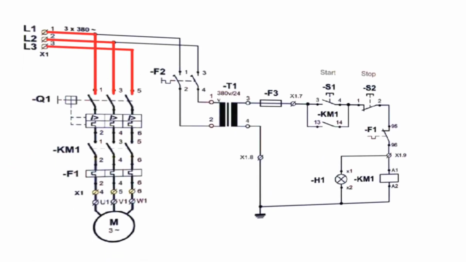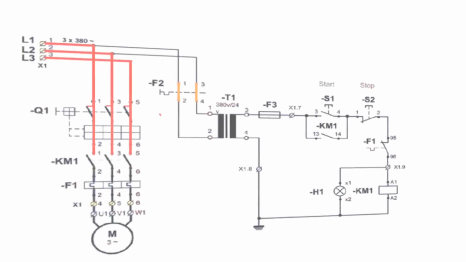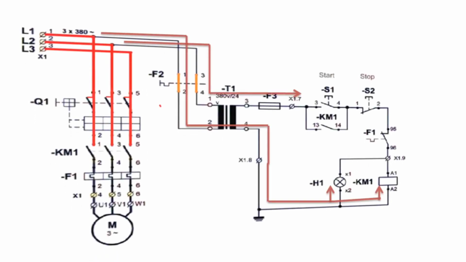Now let's move towards the control circuit. In the starting condition, as you can see, the supply will not be given to the motor as the MCB F2 is in open condition. Once you switch on the breaker manually, the voltage will pass through the transformer, which will convert 440 to 220 for the control circuit, but the current path is not completed.